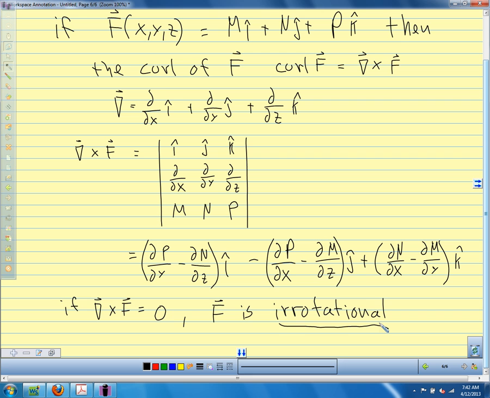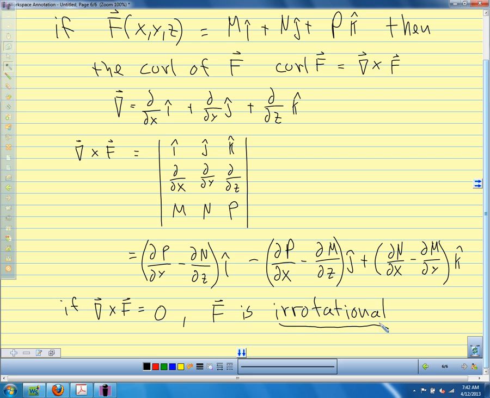Can't rotate it. Like I said, it really takes to the end of the chapter to give a good definition of what the curl is. But the curl tells us the tendency of the vector field to cause a rotation. So if the curl is 0, that vector field doesn't cause a rotation. Once we get into using the curl a little more, we'll have a better idea of why that is.